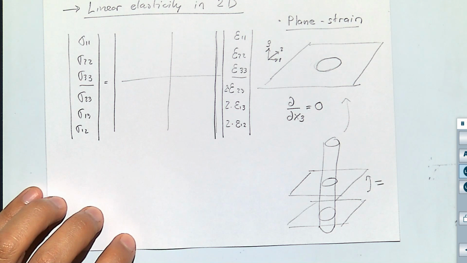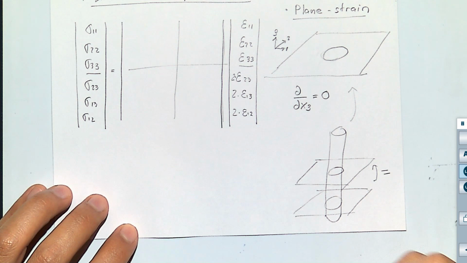When we get to fractures, we'll see that we'll also apply this type of method in order to study a fracture.